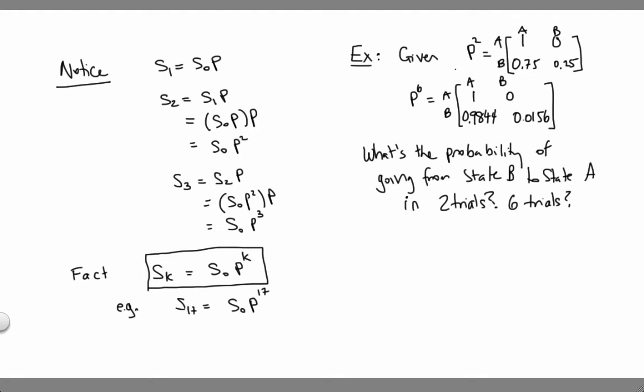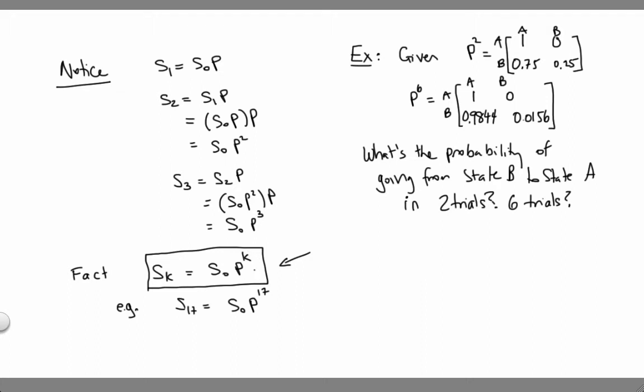All right, so on the surface, this might seem complicated. If we were talking about shampoo, we'd be saying we're not interested in the next purchase. We're interested in what people are going to do 2 purchases from now. So that seems a little complicated, right? But to figure that out, based on our fact back here, to figure out what's going on, k states into the future, it's really the matrix P to the K that's going to describe that transition.